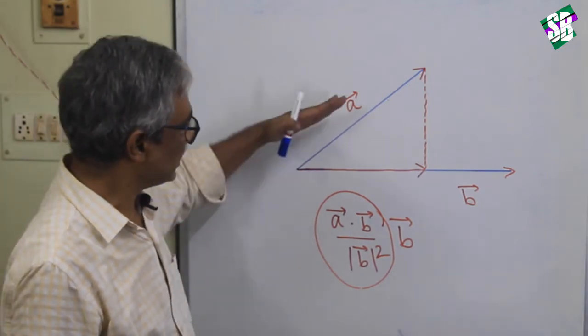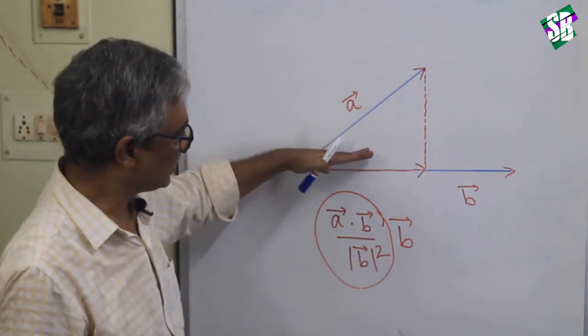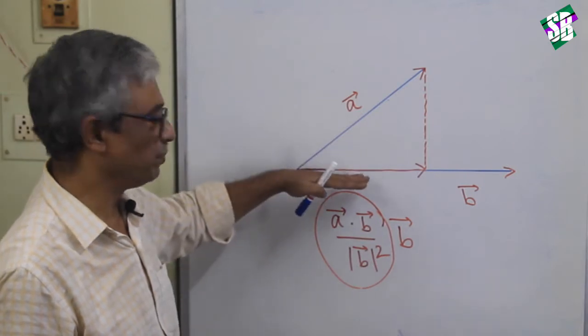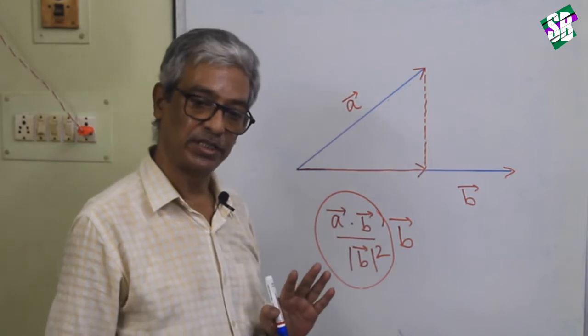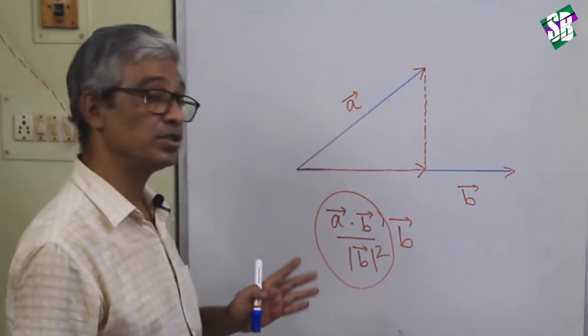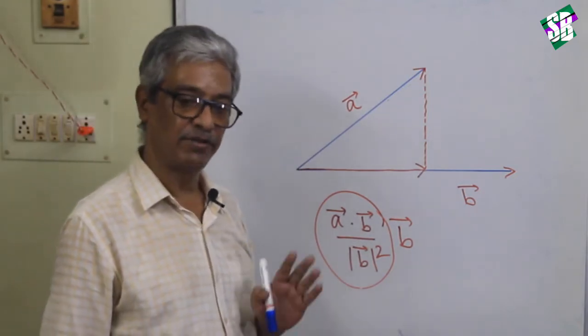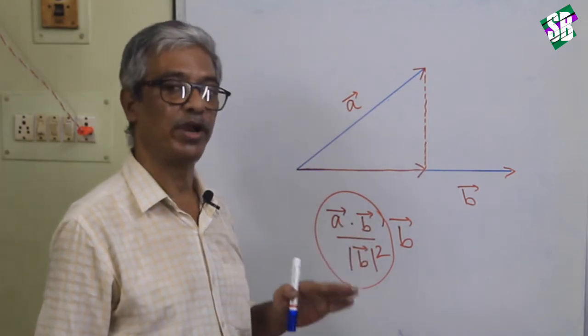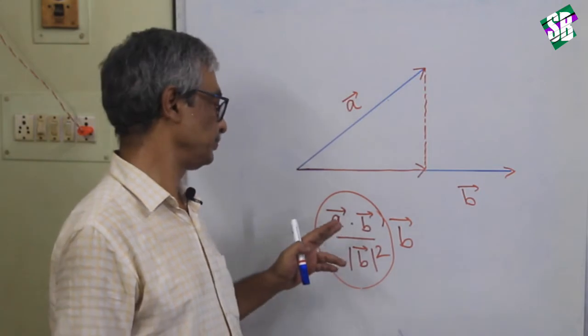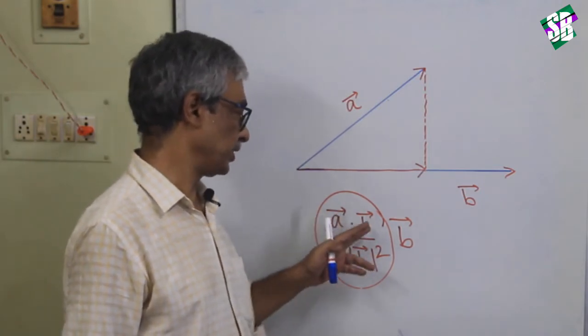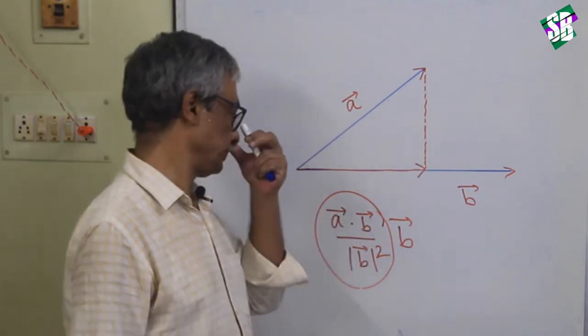Why? If a vector makes an acute angle with b vector, then a vector dot b vector is positive, because if theta lies between 0 and pi by 2, exclusive of pi by 2, then a vector dot b vector is positive.